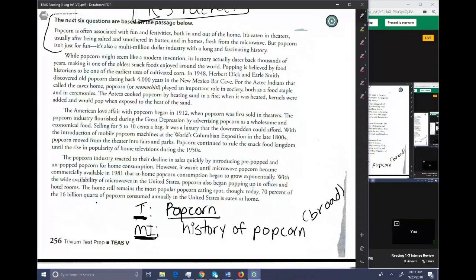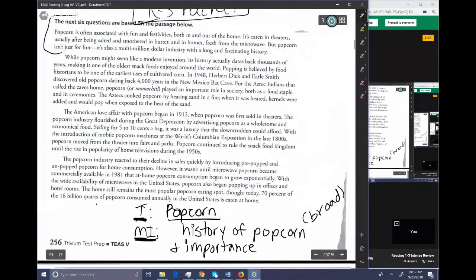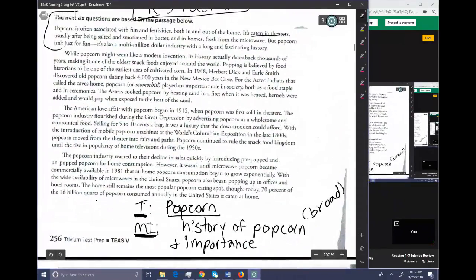And then you go back and you think, is there anything else that I think is coming? If I'm sitting here and I'm predicting what's coming in these next 3 paragraphs, do I think I have fully predicted that, or do I think I've left out a bit of what I know is coming? And so what I did is I added, well, history and importance of popcorn, because they talk about how it's in all these different places, fun and festivities, and then how big of an industry it is.